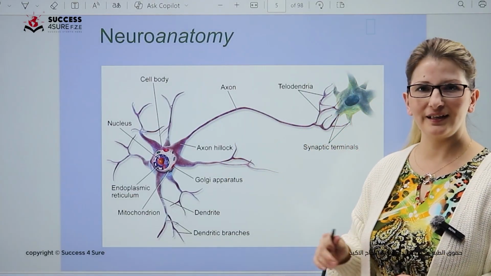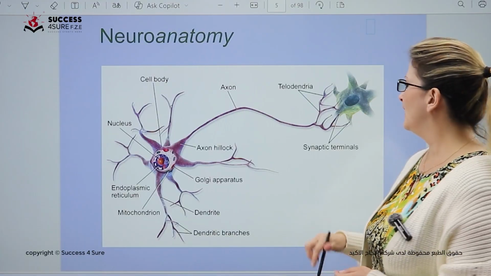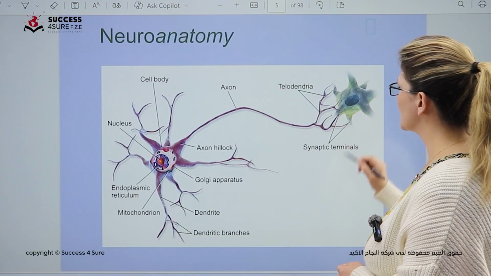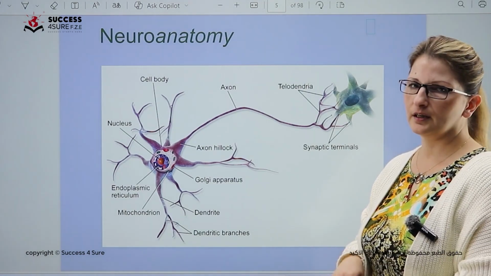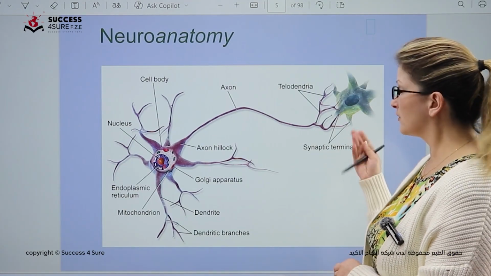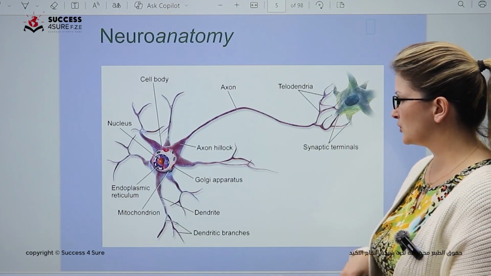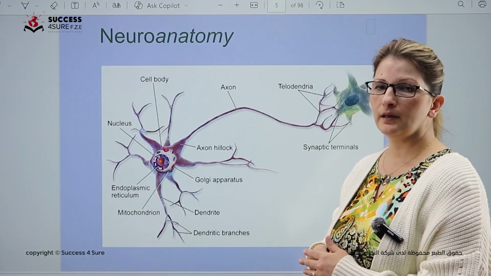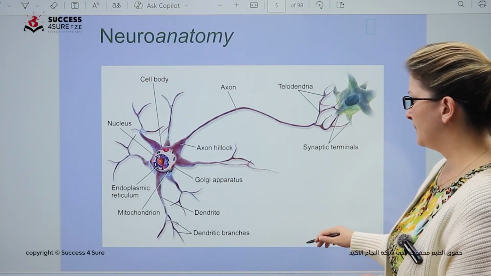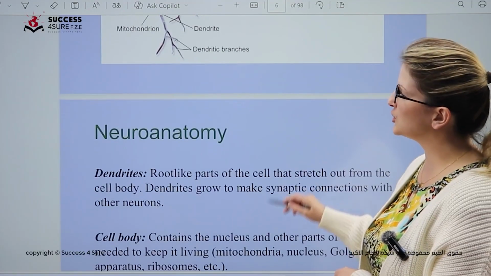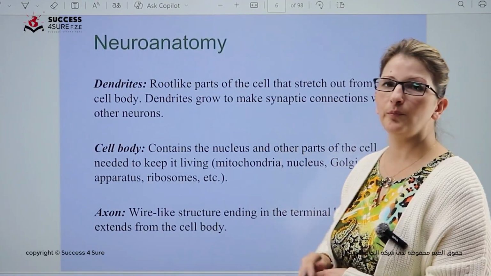Let me just give you an analogy. And then we have another branching at the very end to reach out to different cells or different neurons, nerve cells and so forth, to transfer and transmit the impulses. This is the analogy. Let's move to reality now.